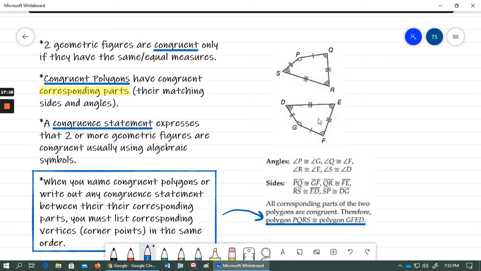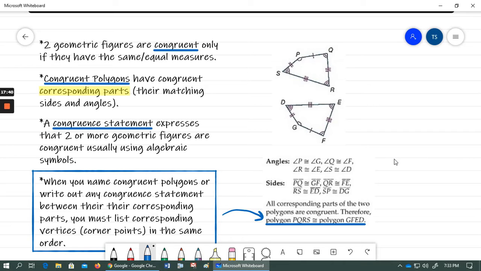All of the parts have matching congruency symbols, and so we know that they are congruent because all the corresponding parts are congruent. And therefore, guys, you can write out the whole congruent statement there, that polygon PQRS is congruent to polygon GFED. And it has to be in that order.